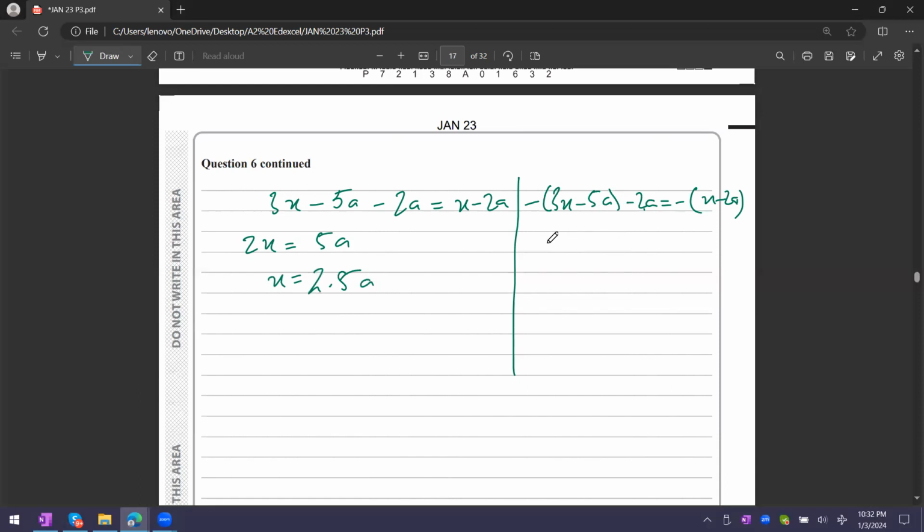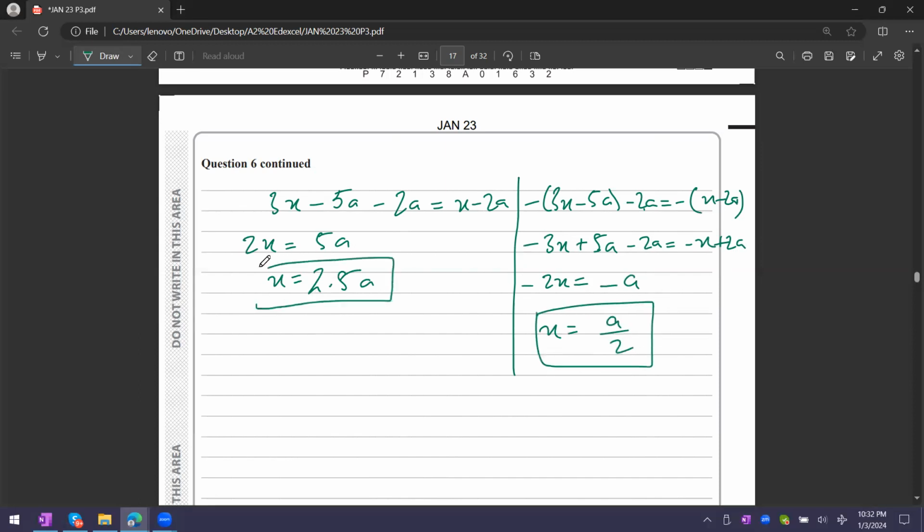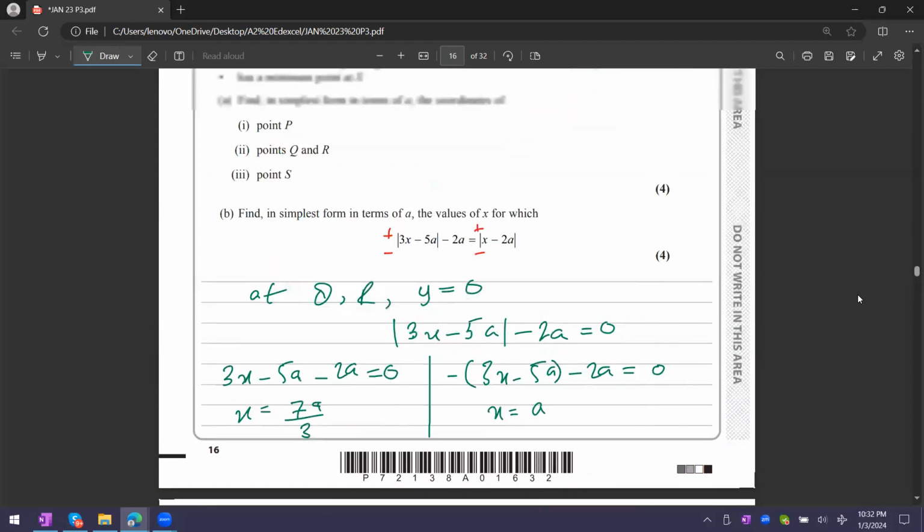This one, x is equal to a by 2. So these are the two solutions, or the values where this line intersects the curve. So that's it for question number 6.